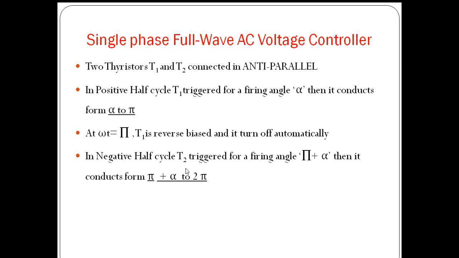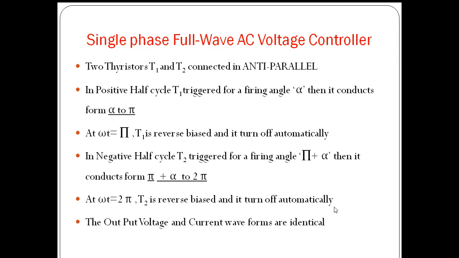In the negative half cycle, T2 is turned on at a firing angle pi plus alpha, then it conducts from pi plus alpha to 2 pi. At 2 pi, T2 is reverse biased and it turns off automatically. The output voltage and current waveforms are identical as the load is resistive. So please note down the circuit operation, and you need to write these points in the examination whenever they are asked.